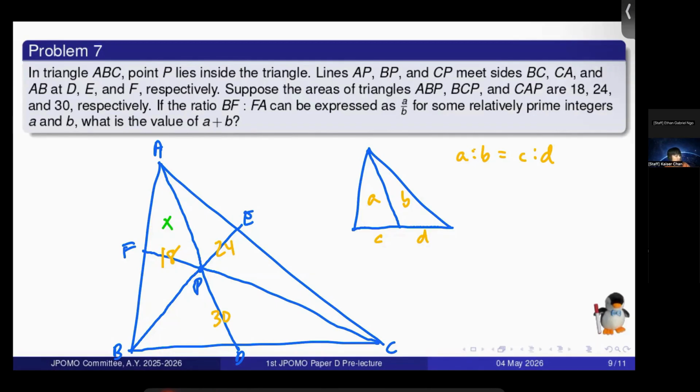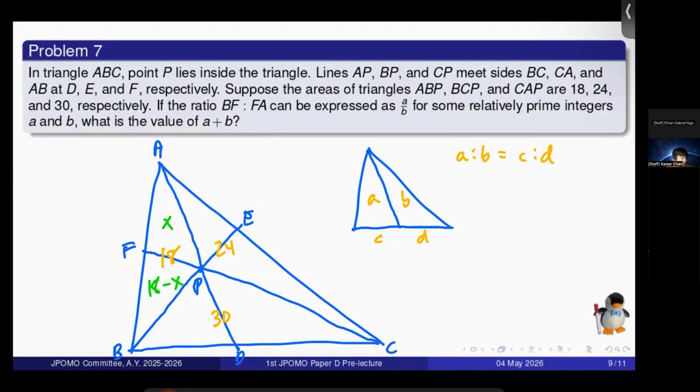So given that the total area of triangle ABP is 18 from the problem, we get that since the area of triangle AFP is X, the area of triangle BFP is 18 minus X.